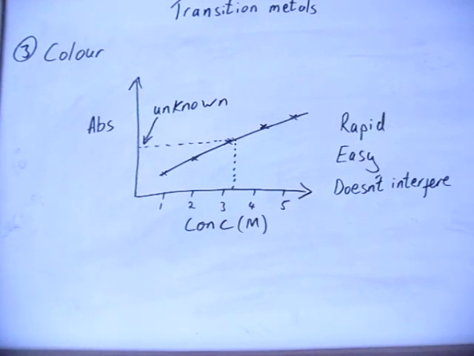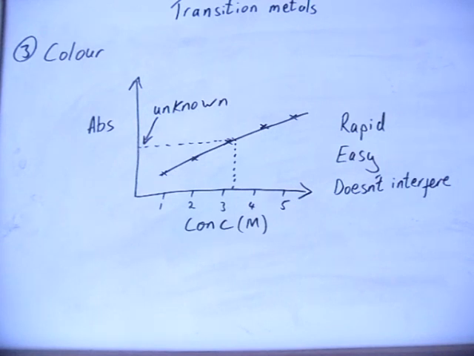You record the absorbance of those, and then you've got your unknown sample. The one which tends to be used for this in this syllabus is the manganate reactions. The reason why is it's got a nice dark purple colour, so you can check the concentration by how deep that purple is and relate it. And obviously it doesn't interfere with any of the reactions, because all you're doing is just passing light through it.